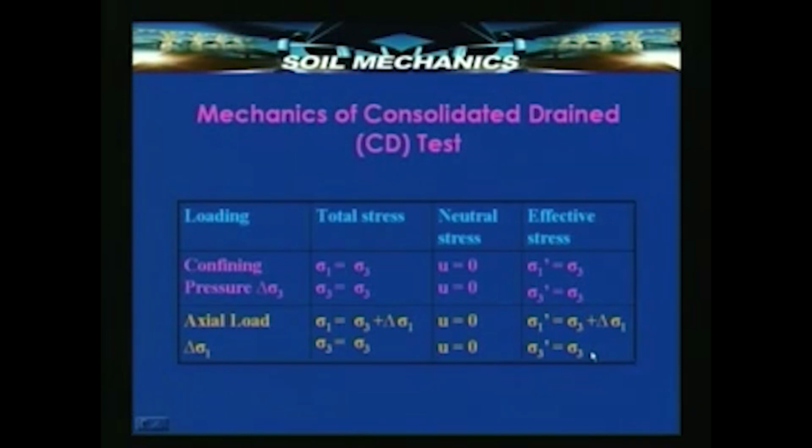That is, whatever pressure we apply initially in the first stage of loading in the lateral direction remains effective even at the end of the test, whereas the vertical effective stress becomes equal to the applied lateral pressure plus the additional axial load delta sigma 1 which we apply. In other words, all the load that is applied becomes effective in this test, because it is a test in which consolidation is permitted and drainage is permitted or volume change is permitted during shear.